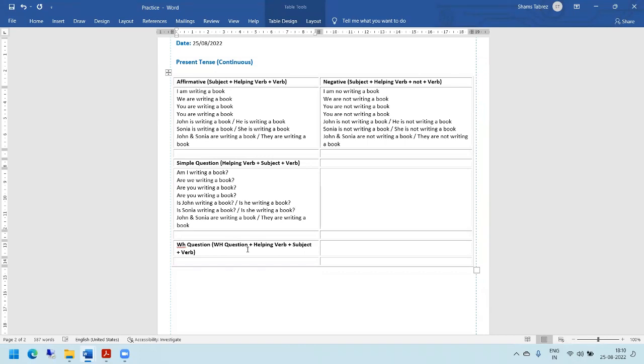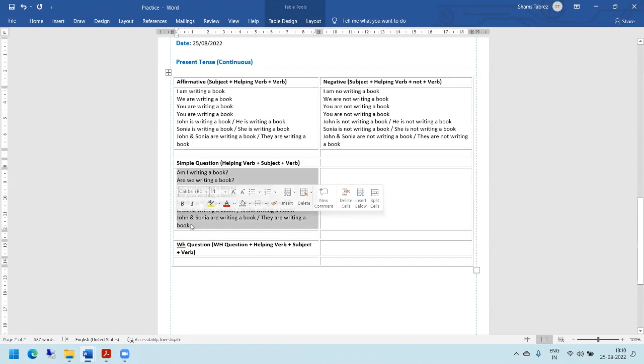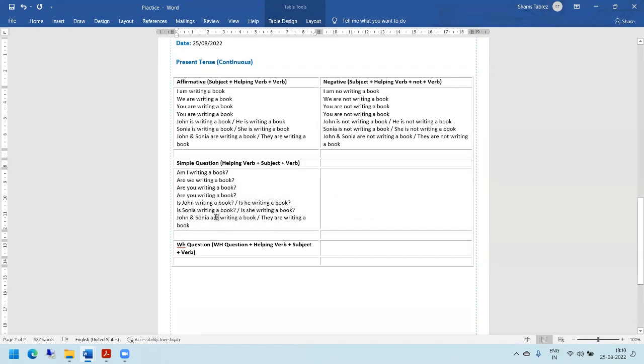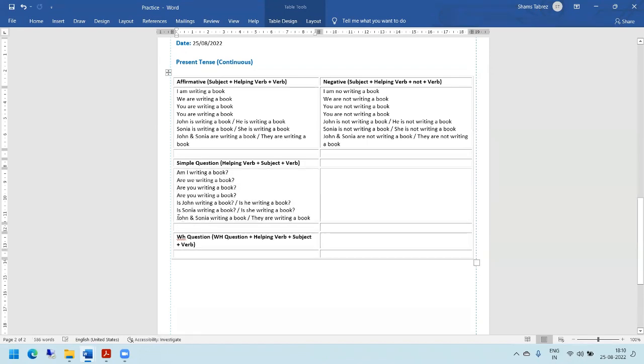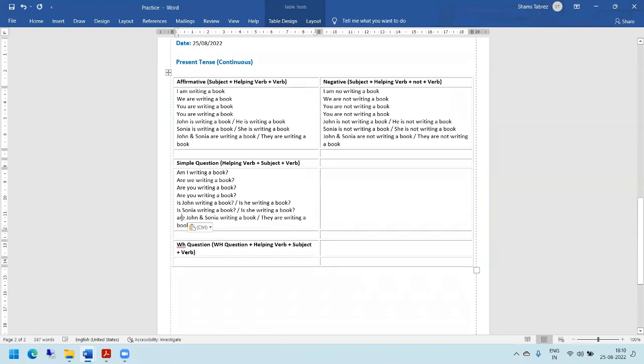Question mark. Then what about here? What about this sentence? Are John and Sonia writing a book? Perfect. Put are here, and it is capital because it is the starting letter of the sentence. Are John and Sonia writing a book?